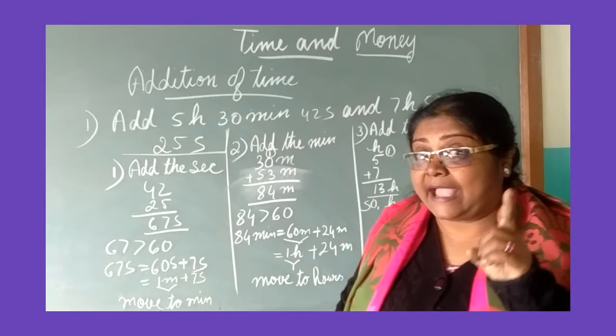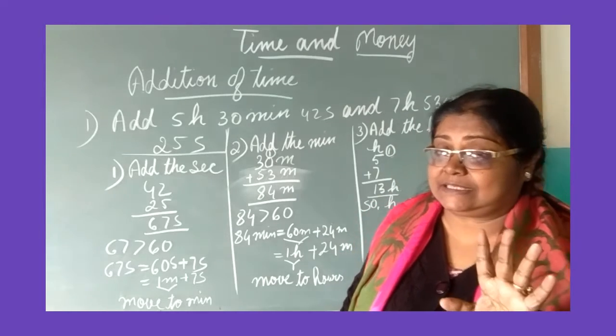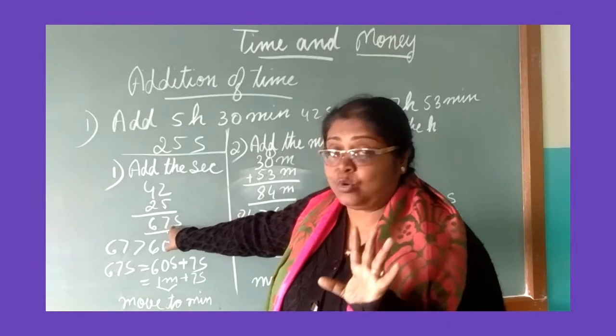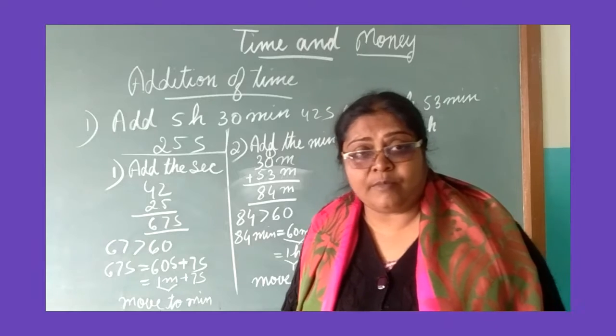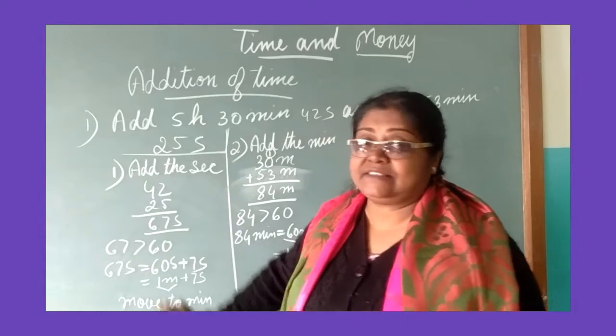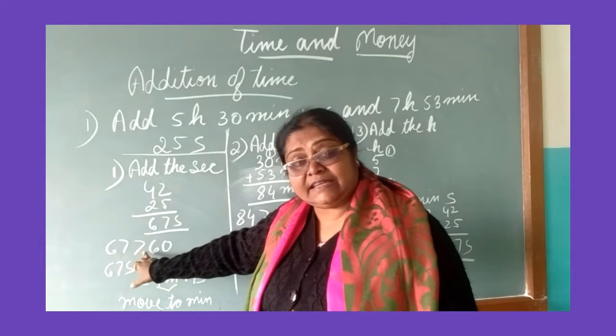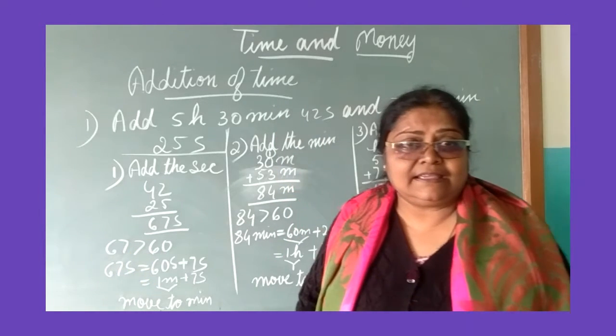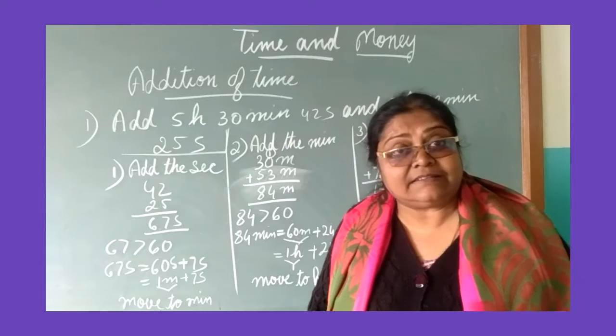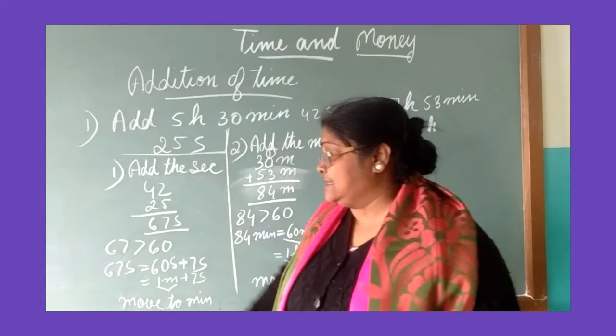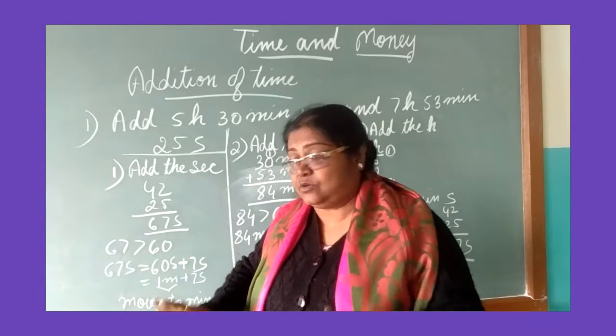So you know that 1 minute equals 60 seconds. But here it is more than 60 seconds. How much here? 67 seconds. So 67 is greater than 60 seconds. So at least here you have to keep only 60, no?